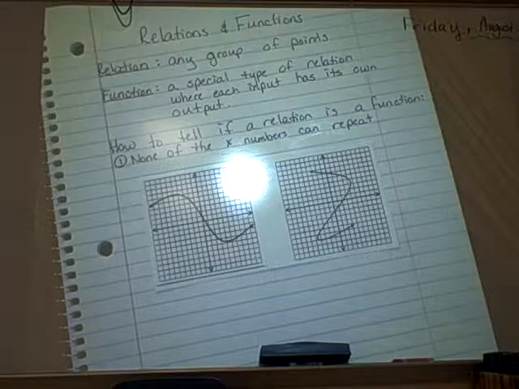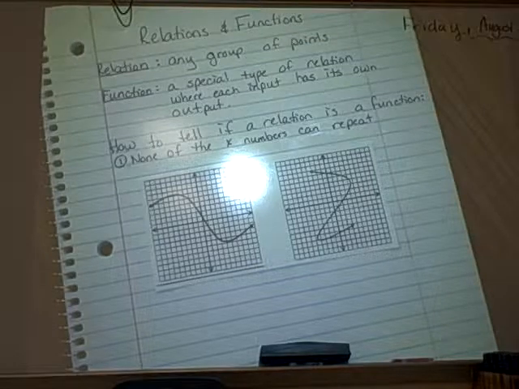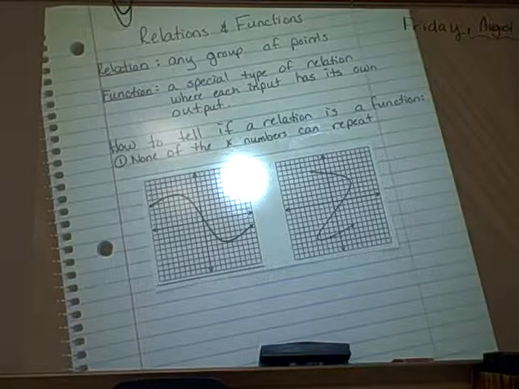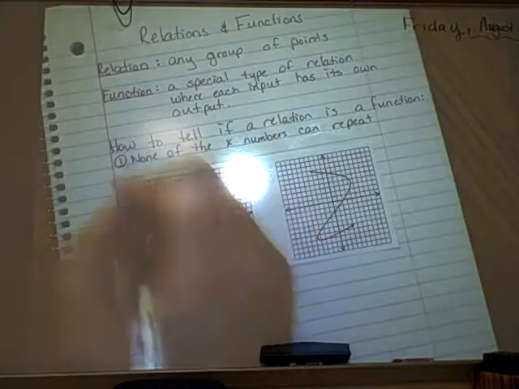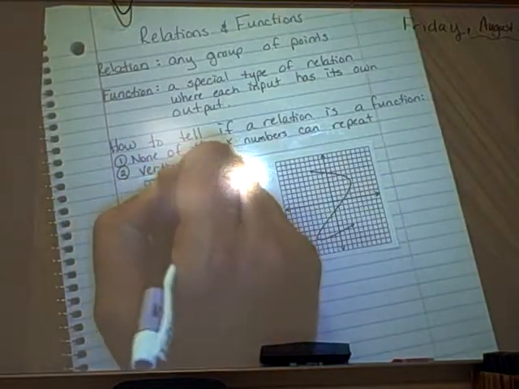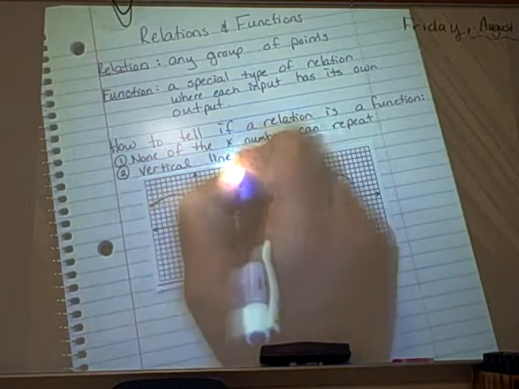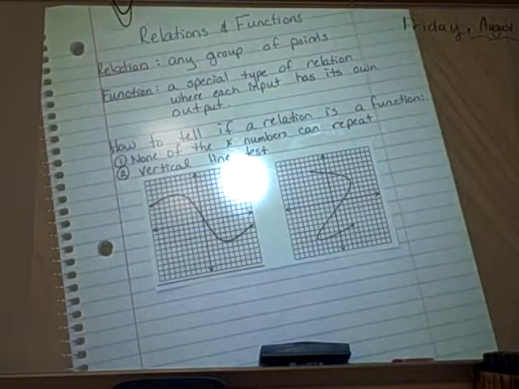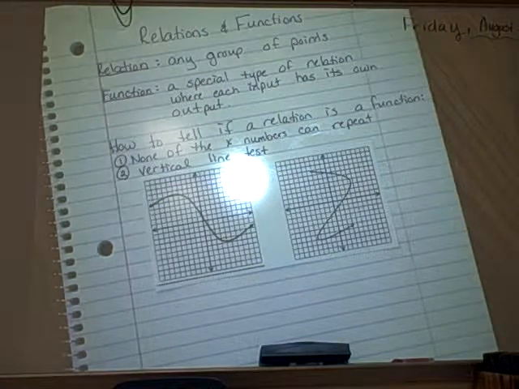So none of those x numbers can repeat. They all have to be different. If they repeat, it's not a function. It's a relation, but it's not a function because any set of points is a relation. So none of the x numbers can repeat. That's one way. The second way is called the vertical line test.